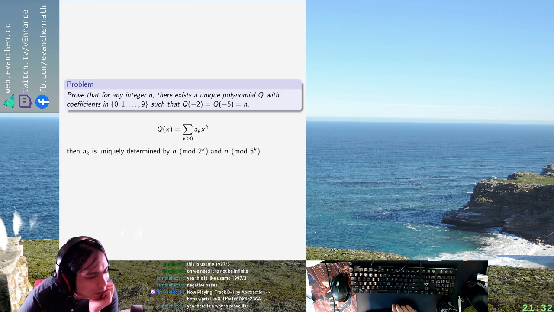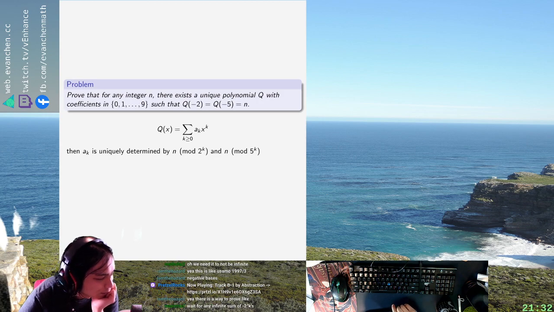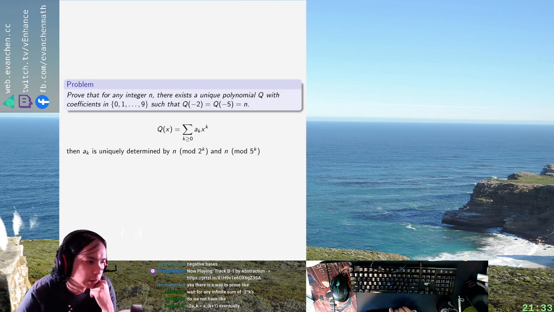So once the thing is eventually constant, mod 2^k and mod 5^k, infinite sums like you're describing just don't make sense. Like, they're not promised to converge.